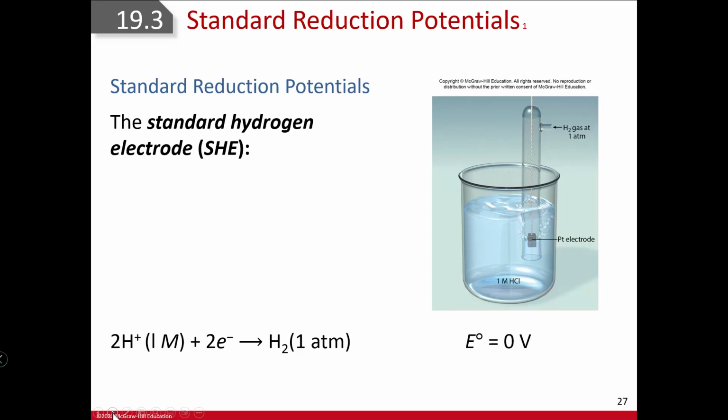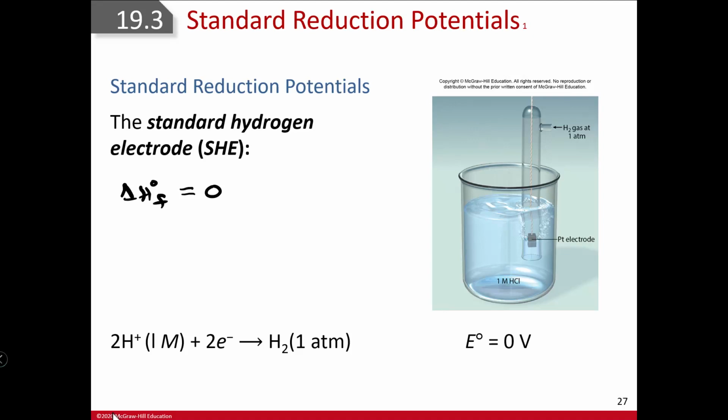We can only measure changes in energy. And so if you go back to chapter 5, we said that the standard enthalpy of formation of any element in its standard state is referenced at 0 energy. Okay, so we have to have a reference point here. So we're doing the same thing here.